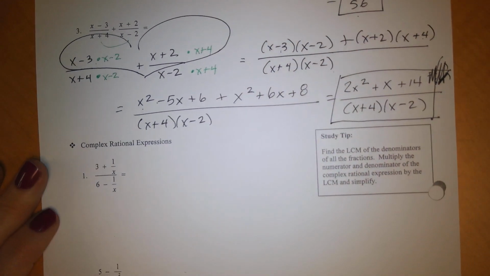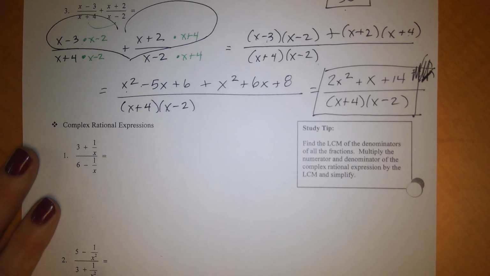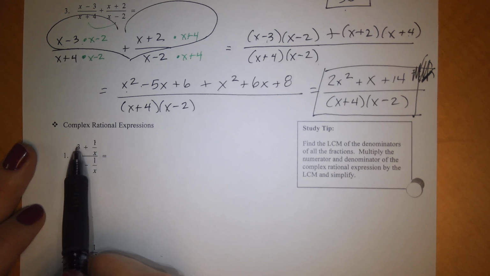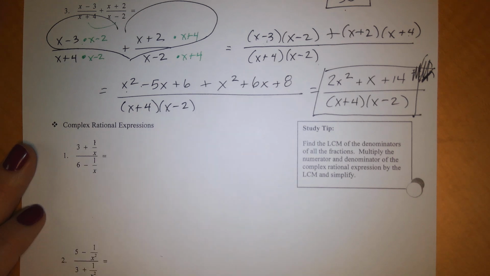Alright, the last thing we're going to do is divide these complex rational expressions. And the reason they're complex is because you have a fraction with a whole number, divided by a whole number and a fraction, all involved in a bigger fraction, so obviously it's very complex.